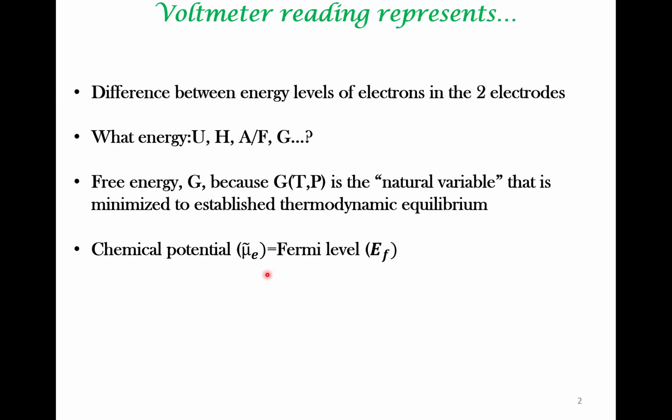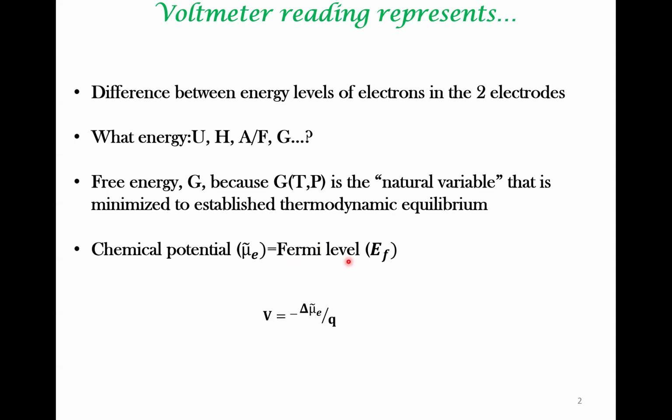When you say Fermi level of electron in an electrode, it refers to the highest occupied level of the electron in that particular electrode, and it is the same as the chemical potential of the electron in that electrode. This is the typical symbol that is being used for chemical potential and Fermi level.